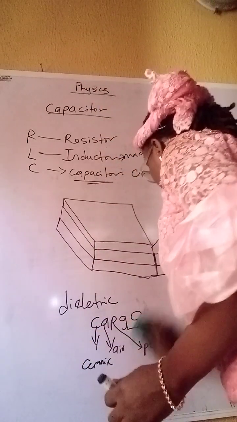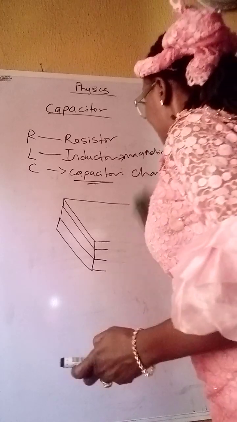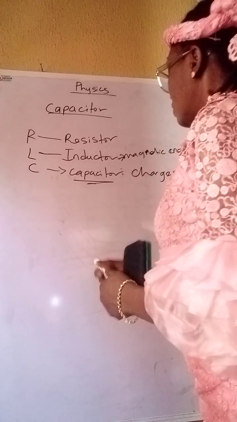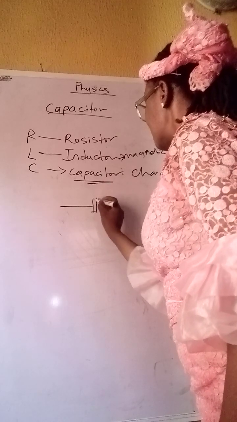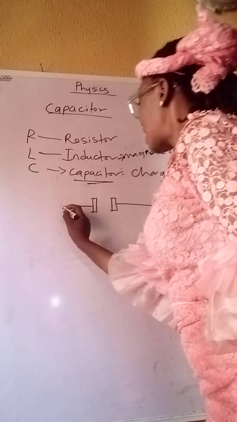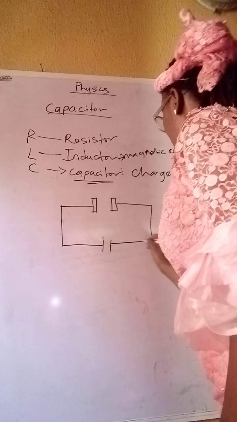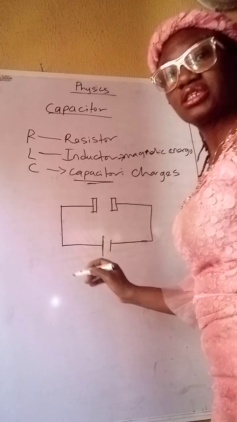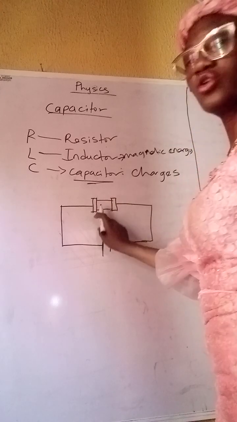If it is connected to a terminal, the diagram will look this way. Let's say this is the conductive plate, and this is another conductive plate, across the battery terminal so that it can have a positive and negative charge. Now we know that this is the dielectric in between the two conductive plates.